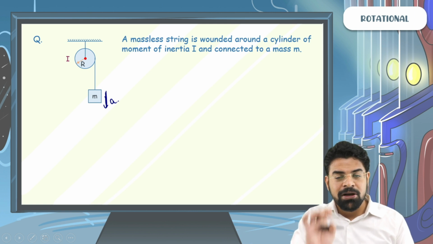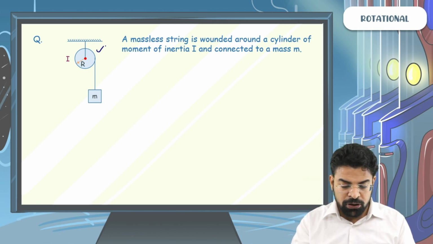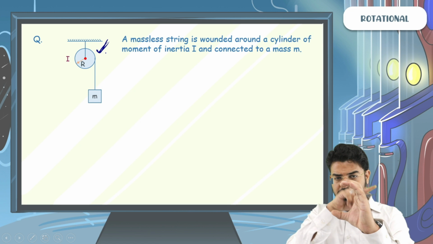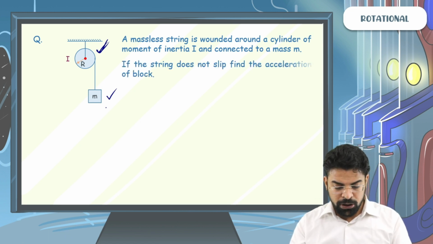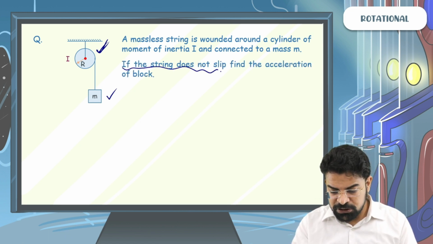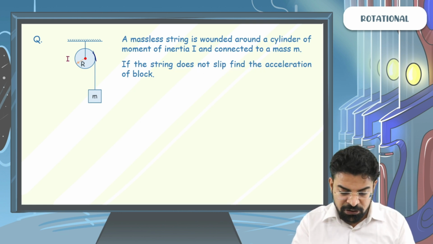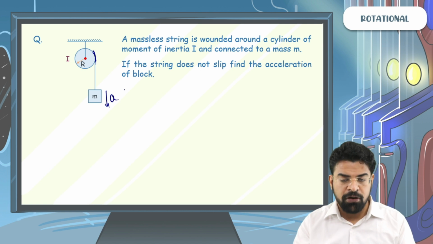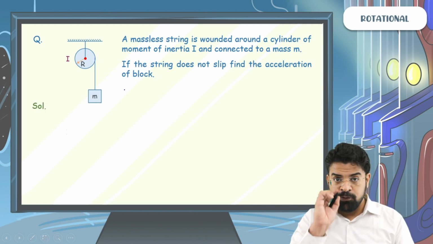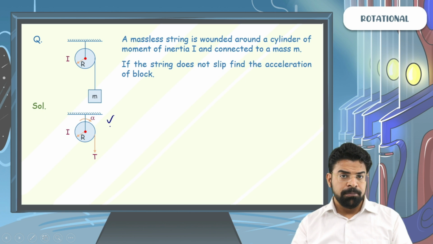But first, look at the force profile both on the cylinder on which the string has been wrapped and on the block. If the string does not slip, find the acceleration of the block. So think of the force profile for the cylinder.